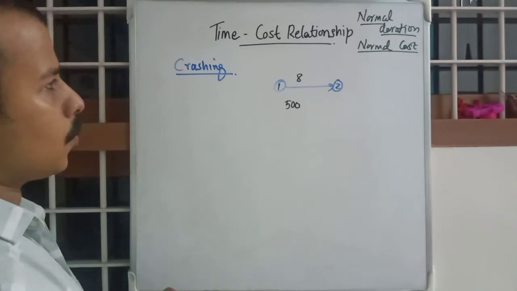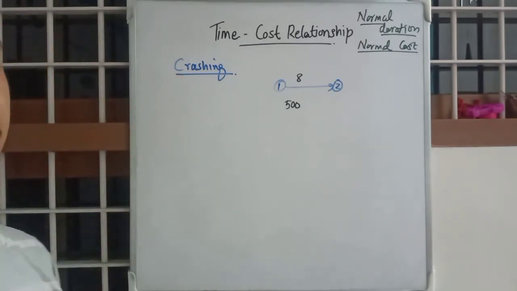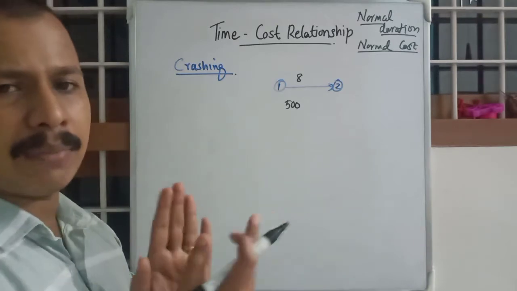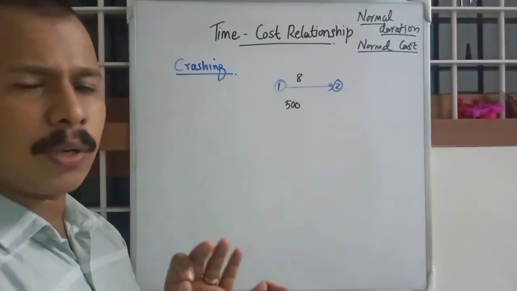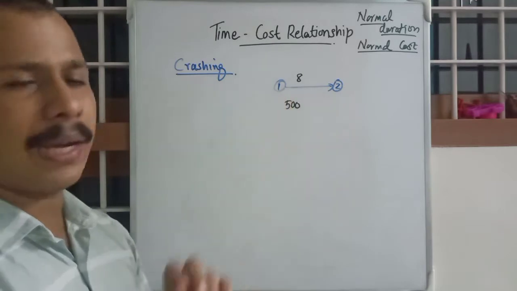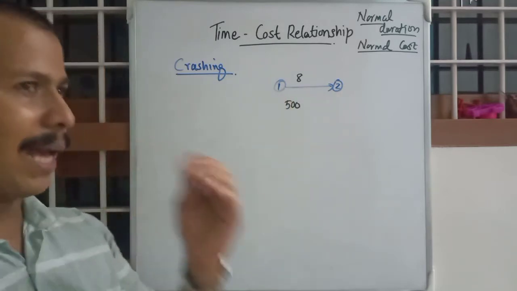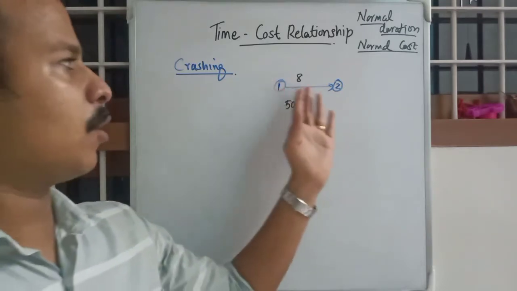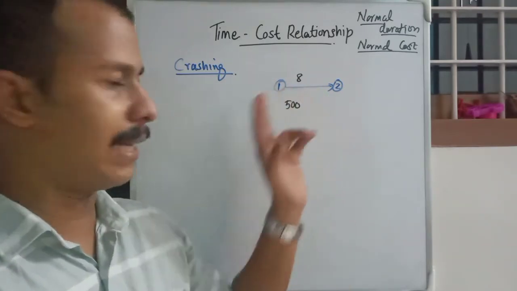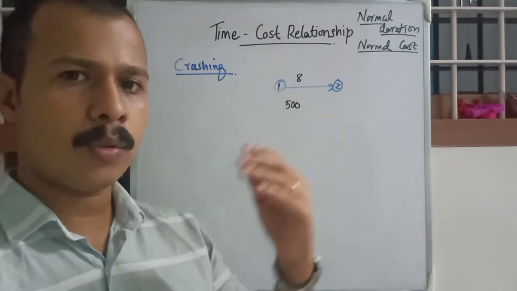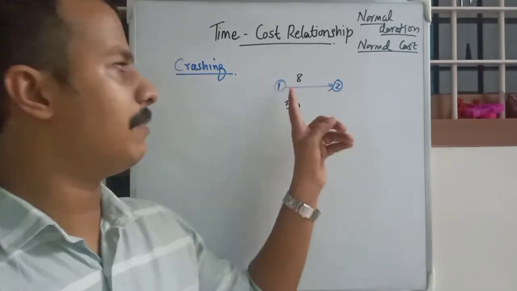While crashing, there will be a minimum time duration by which this 1, 2 activity is required to be completed. Suppose plastering of a single wall is this activity, and we are planning to do it in 8 weeks.